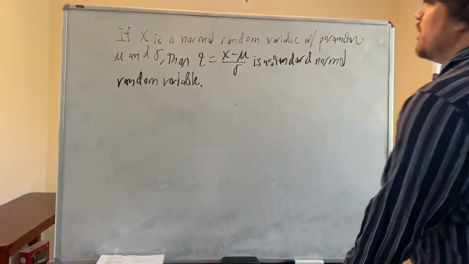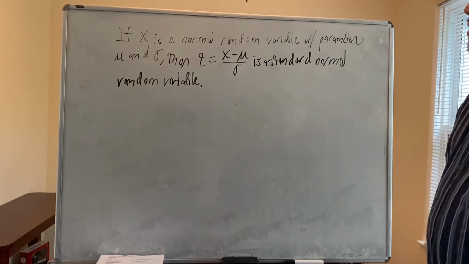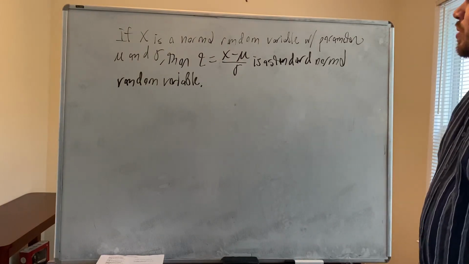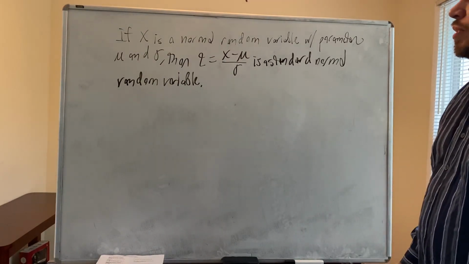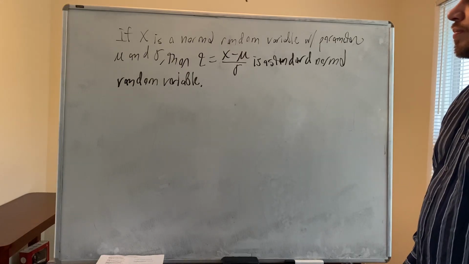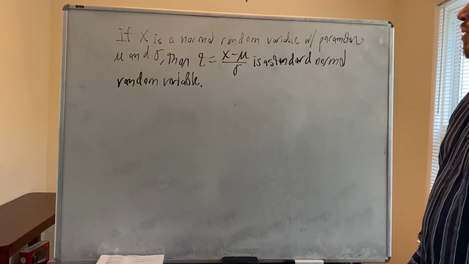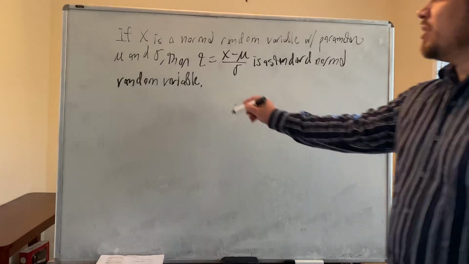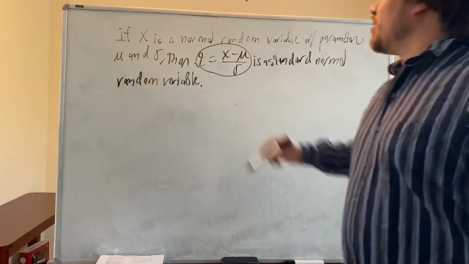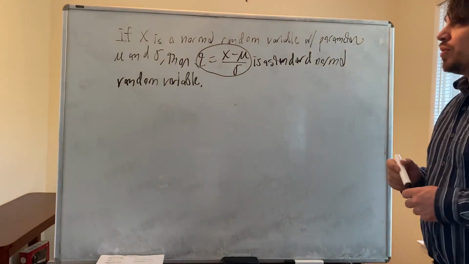Okay. So we're starting here with a normal random variable with parameters mu and sigma.